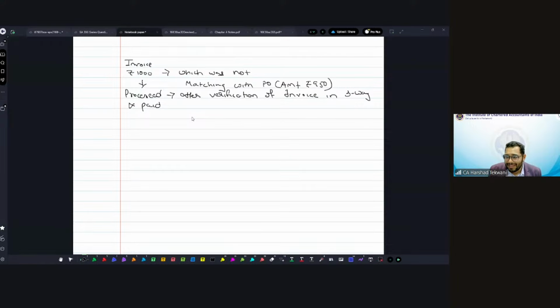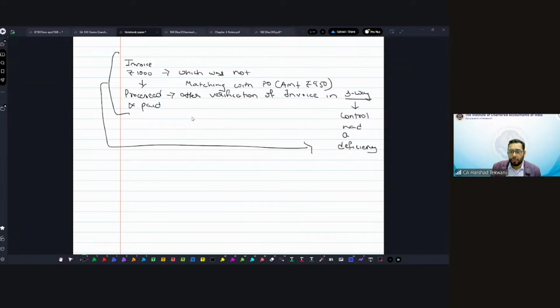So that means this three-way match control had a deficiency. The deficiency is this one: this invoice was processed.